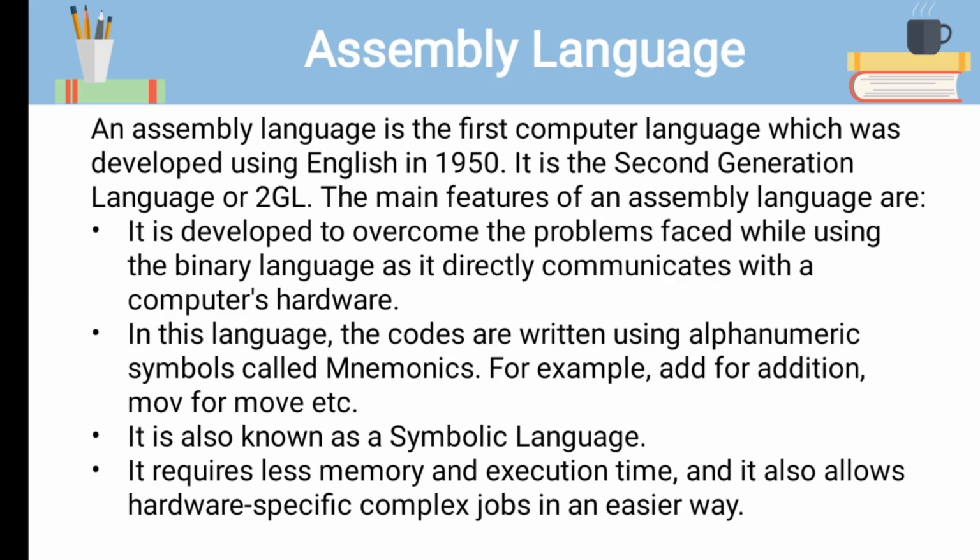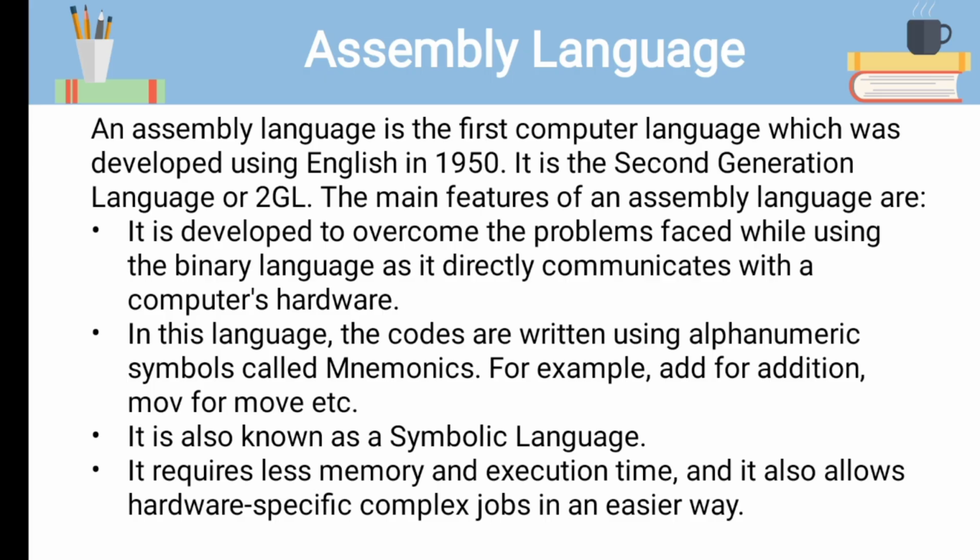In this language the codes are written using alphanumeric symbols called mnemonics, for example add for addition, move for move, etc. It is also known as symbolic language. It requires less memory and execution time, and it also allows hardware specific complex jobs to be done in an easier way.